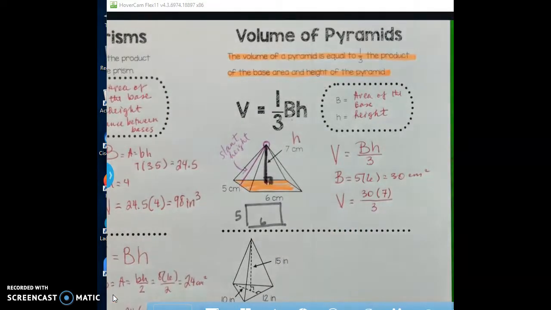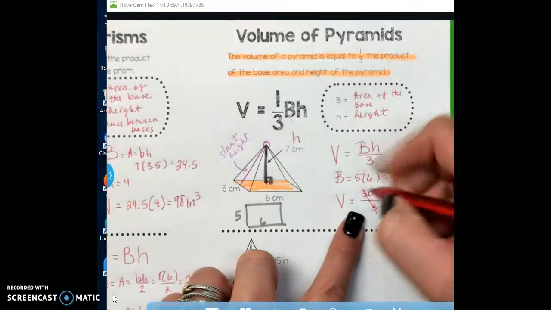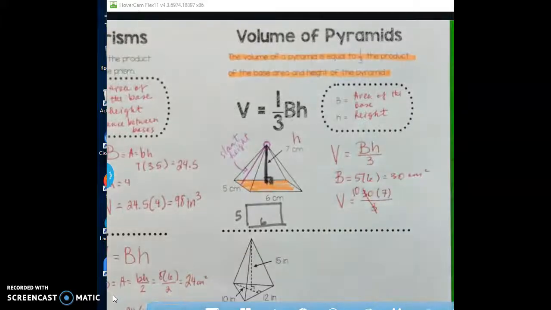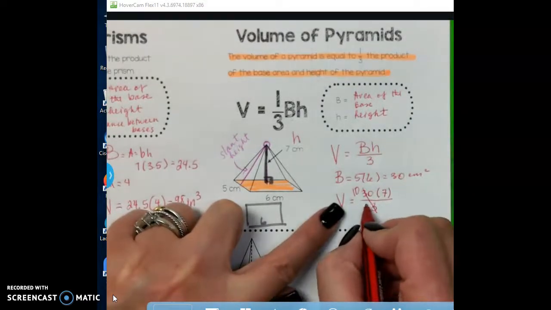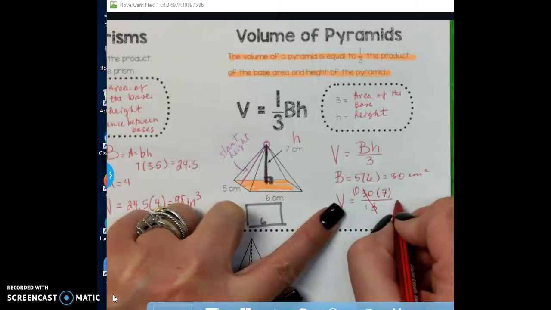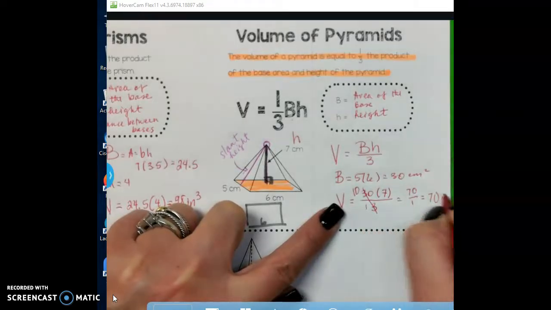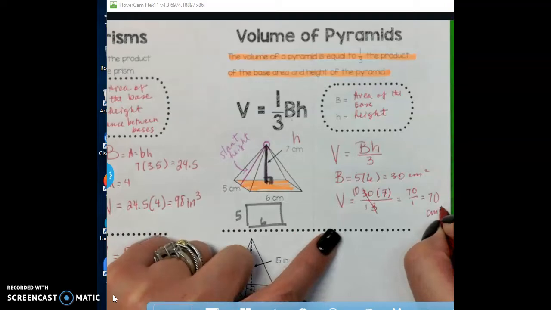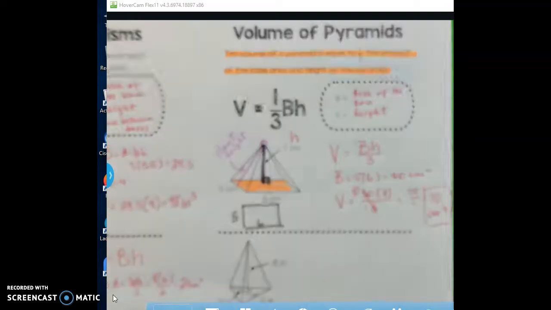As before, just wanted to give you a hint that 3 and 30 can be reduced. So that tells you that's going to be equal to 10. I hope you're understanding. When I reduce this, that becomes a 1. So your product here is 70 over 1, which is simply 70 centimeters cubed.